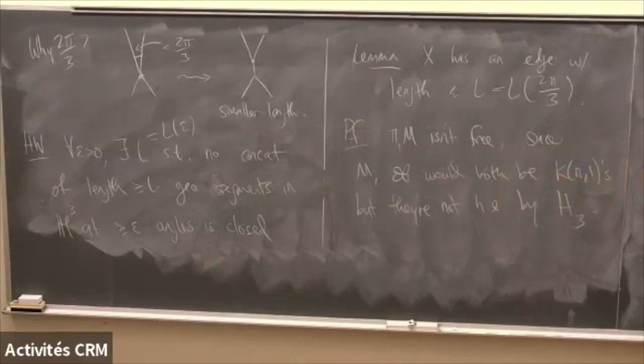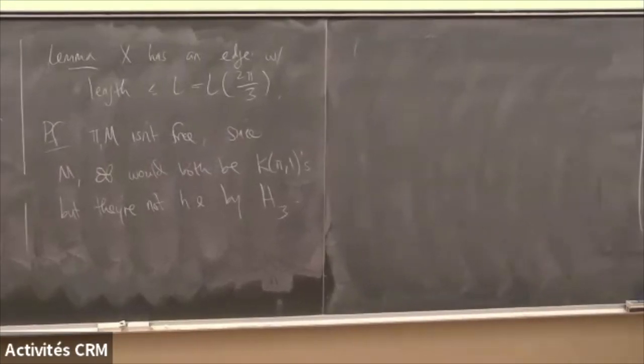So what do you do with this? I know that the fundamental group is not free. What that means is that this map from X to M is not pi1 injective.